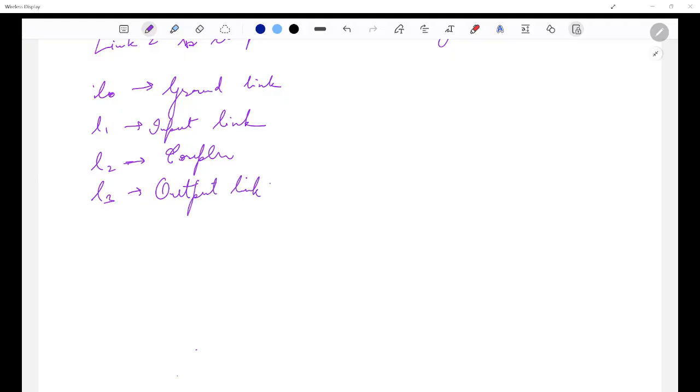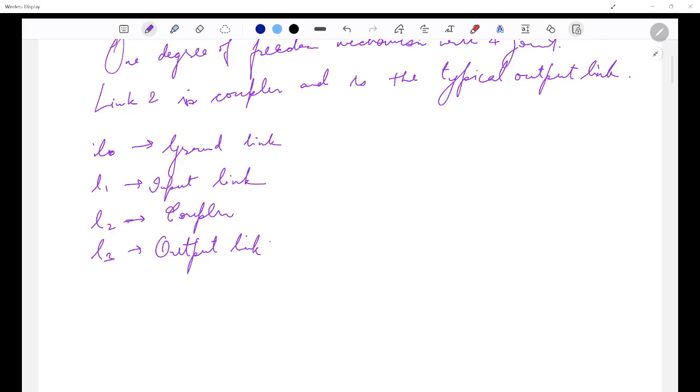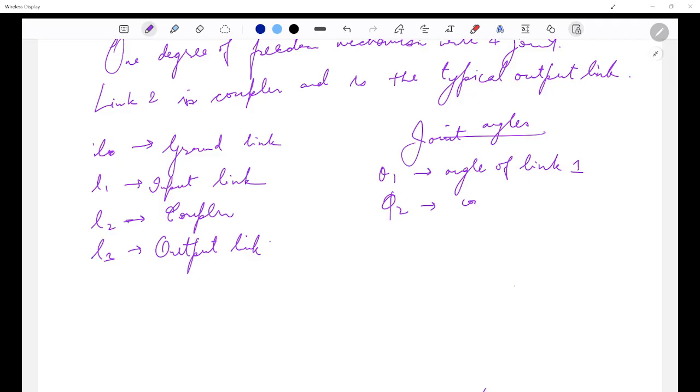For the joint angles, theta 1 is the angle of link 1. Phi 2 is the coupler angle, and phi 1 is the output link angle.